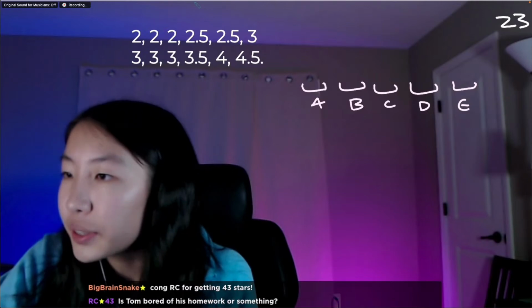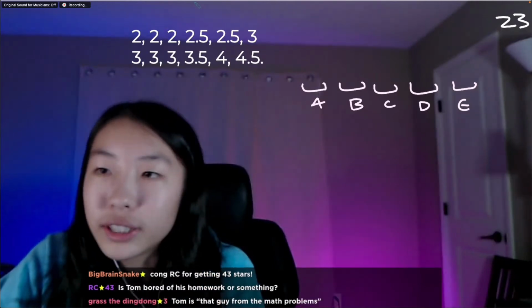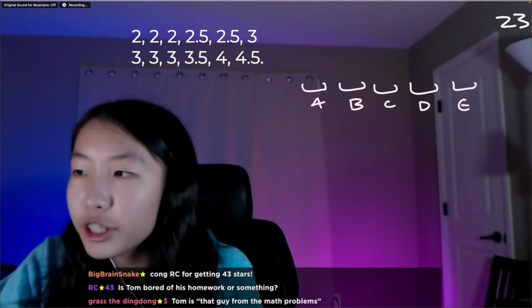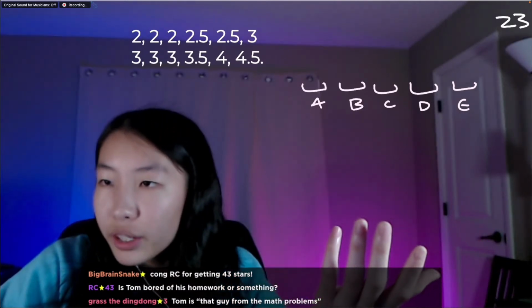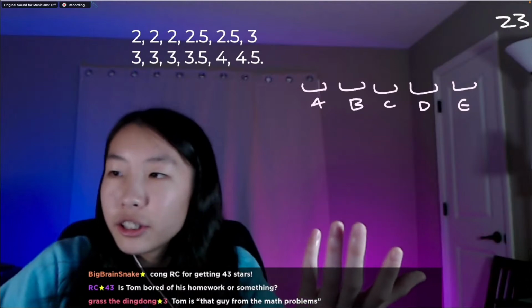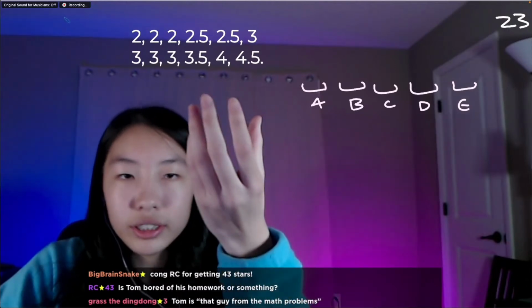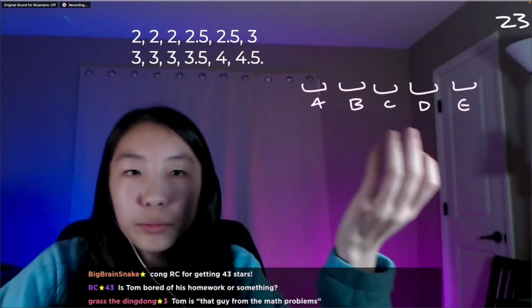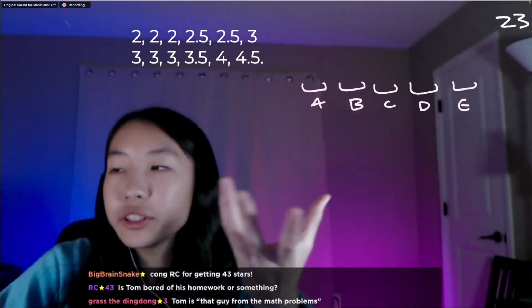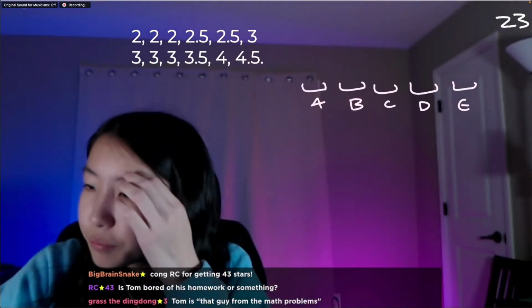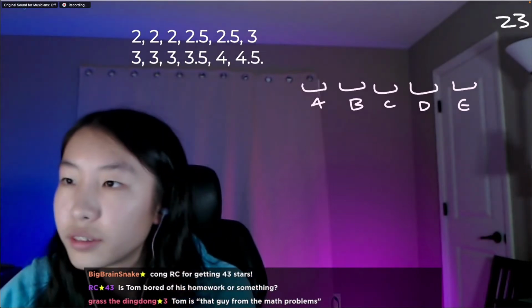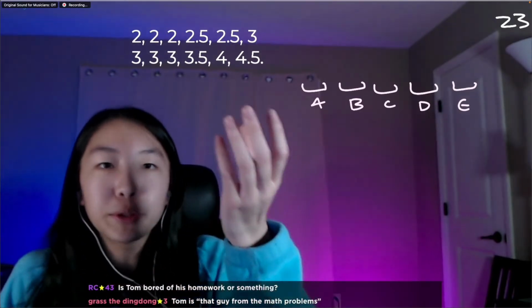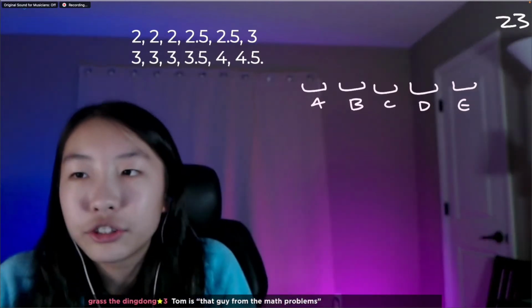So let's do some organizing. The first thing we can do is try to figure out what is going to be in each of the cups. So everyone in the chat, what do we know given the total slips? How can we relate that to what's going to be in each cup? And luckily, these decimals are not too bad.